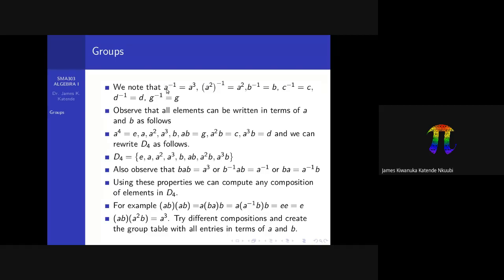The notation for the inverse of an element is usually A negative 1, if the group operation is written multiplicatively. So here we're just trying to use the notation for inverse. The inverse of A squared is itself. The inverse of B is just B, because when you multiply B by itself, you get the identity and so on.